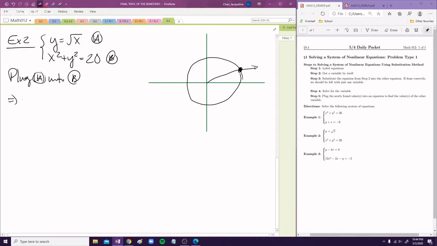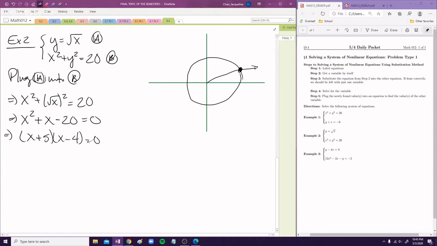When we do that, we get x squared plus the square root of x, quantity squared, equal to 20. The square root of x, quantity squared, is just x. Since this is a quadratic, I'm going to subtract 20 from both sides as well. When I factor this, it becomes (x + 5)(x - 4).